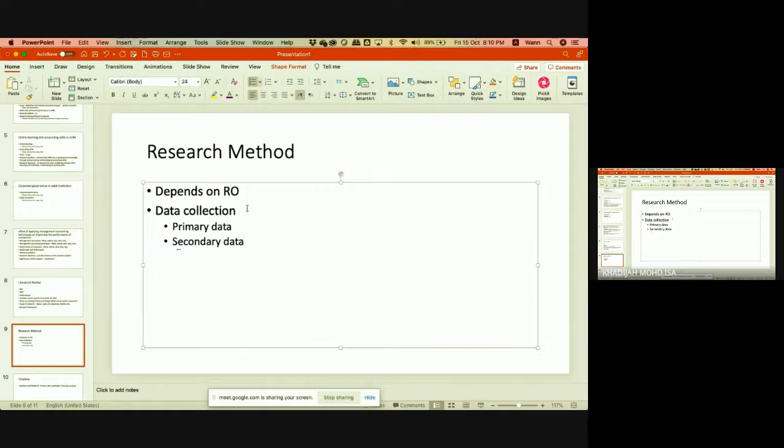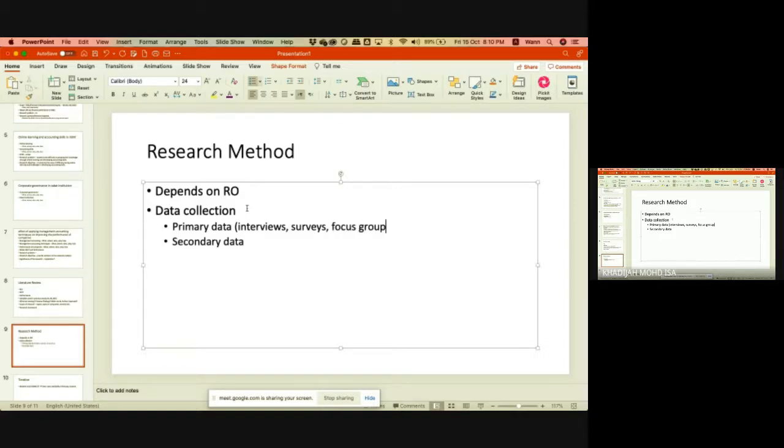What is primary data? It means first-hand data. Normally when we talk about primary data, we are referring to interviews, surveys, focus groups. All these are primary data, data which you collect first-hand.